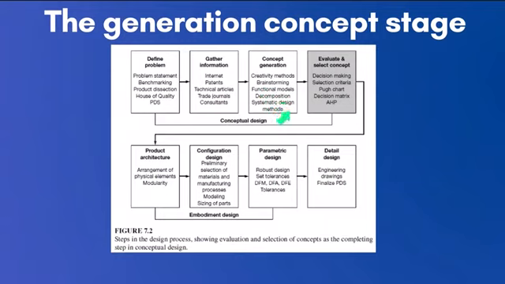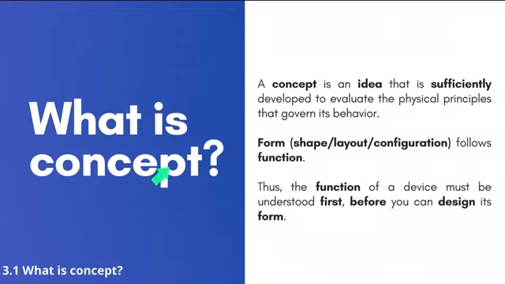The systematic design method is done by using the morphological method. Later in this video, I will show you the functional decomposition, and in the next video I will show you the morphological method.